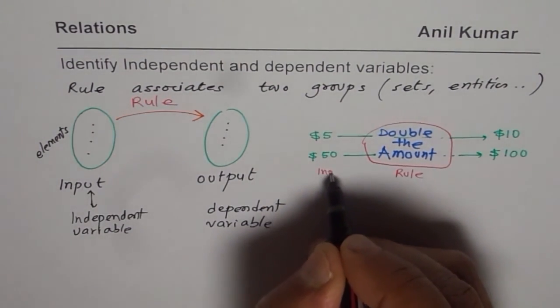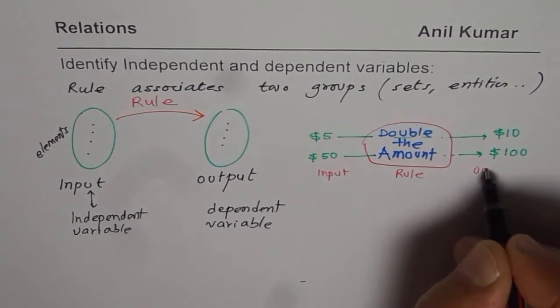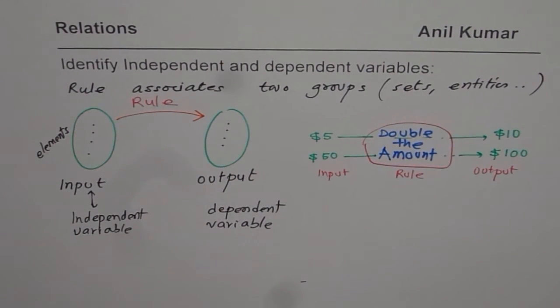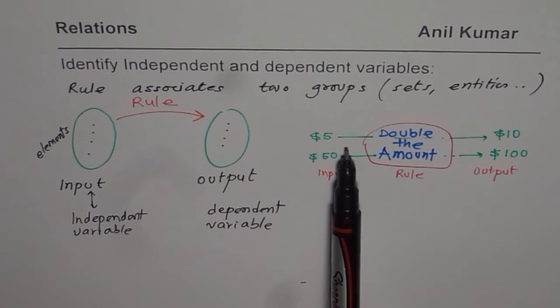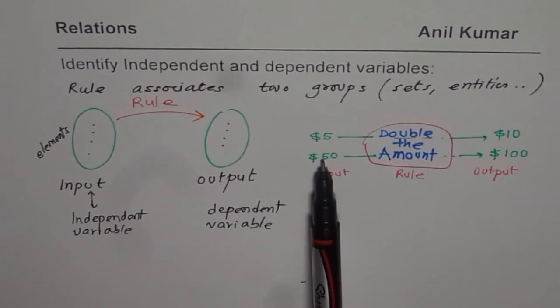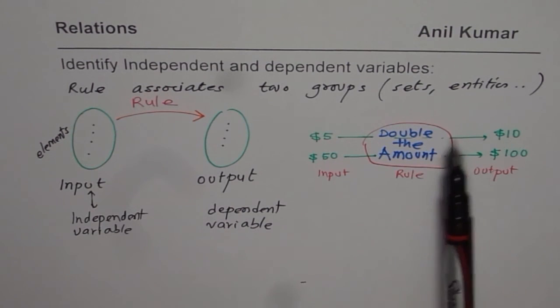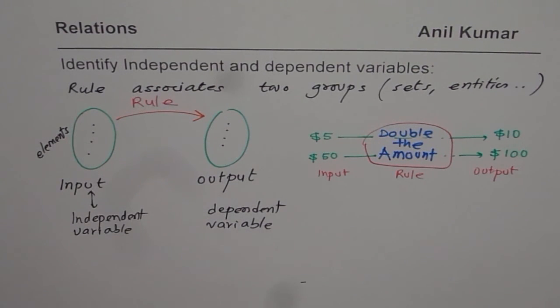So this is input, and that is output. So in our example, where the relation is double the amount, input dollars, whatever you feed in, and the output is the dollars which come out, which will be twice as large as the input.